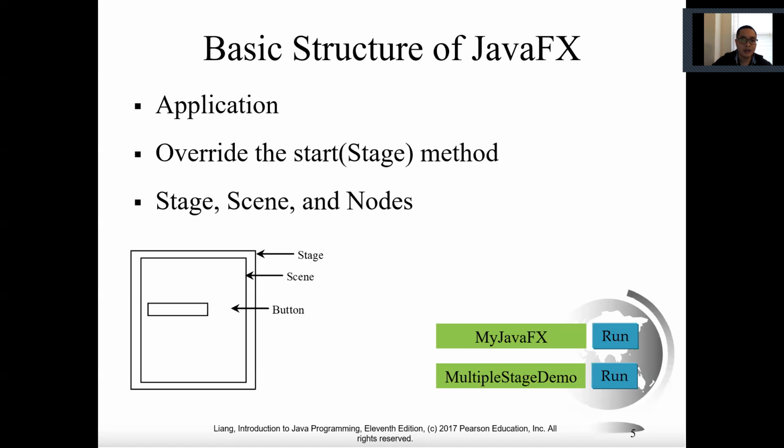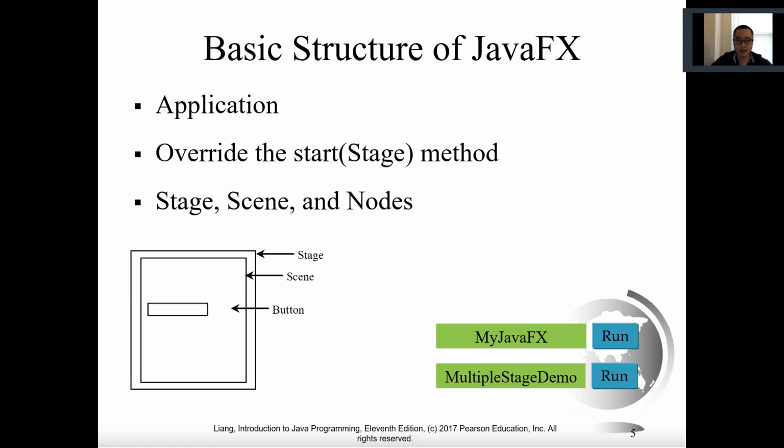For a simple JavaFX program, you need to extend the Application class and then override the start method in the Application class, and then use the stage to include scenes and nodes, where the nodes represent the components in JavaFX.